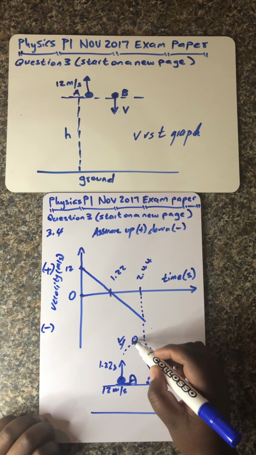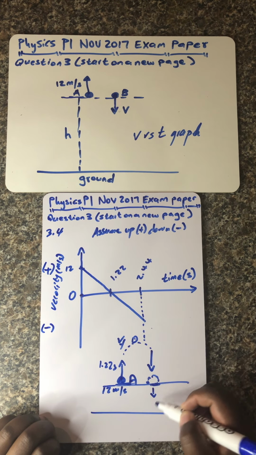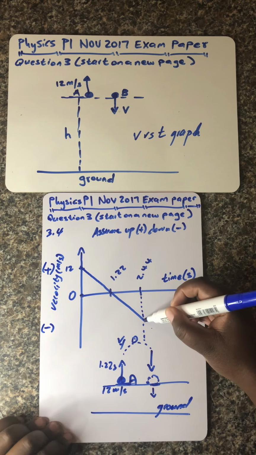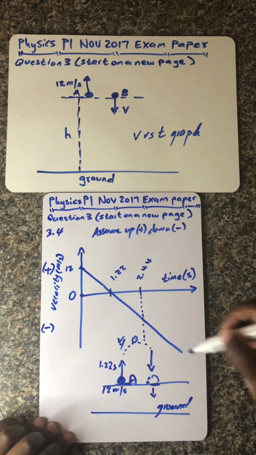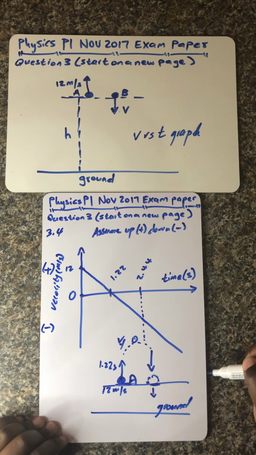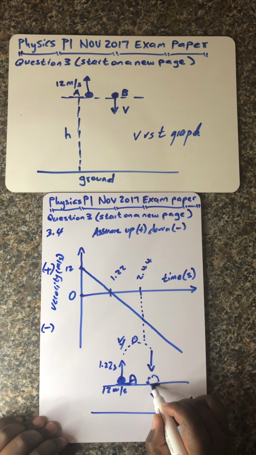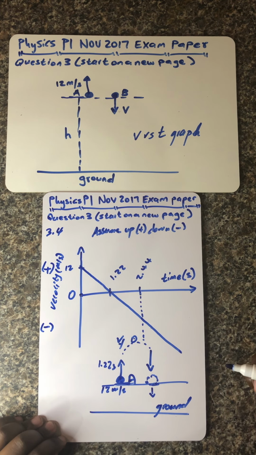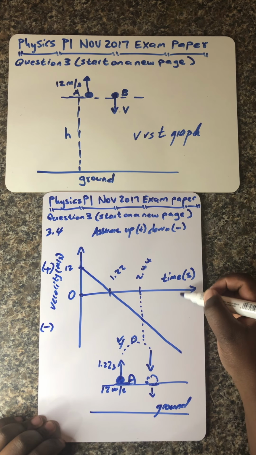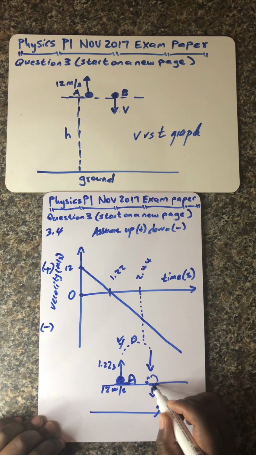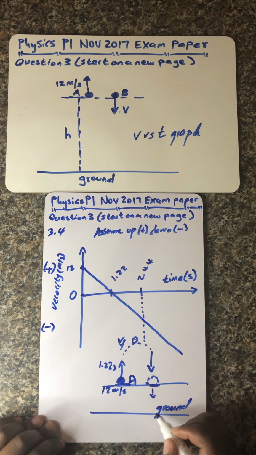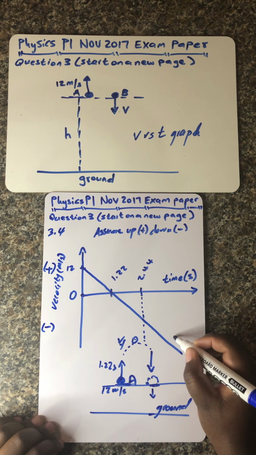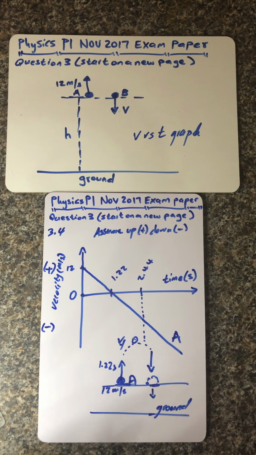It reaches its maximum height, goes down, and will pass that level heading towards the ground. That's why we can now just extend that line, and end it somewhere there. We can't specify the time because we haven't calculated how long it takes for that object to travel from there to the ground. Okay, so that means this is our stone A, right?